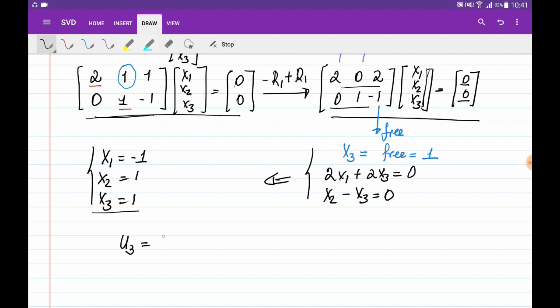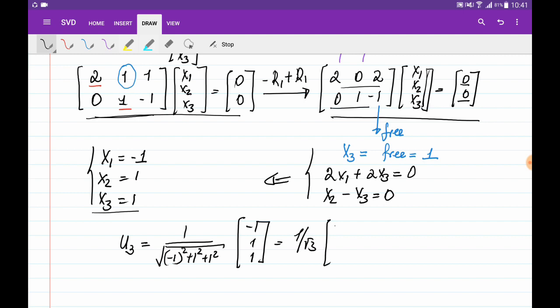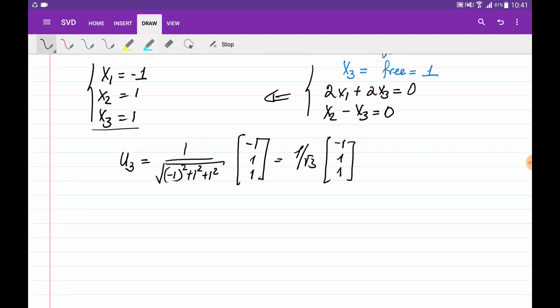The norm of this vector is the square root of minus 1 squared plus 1 squared plus 1 squared, so 1 over that, multiplied by the vector minus 1, 1, and 1. It will be 1 over square root of 3 times minus 1, 1, and 1. So I can choose this as the third column of U.